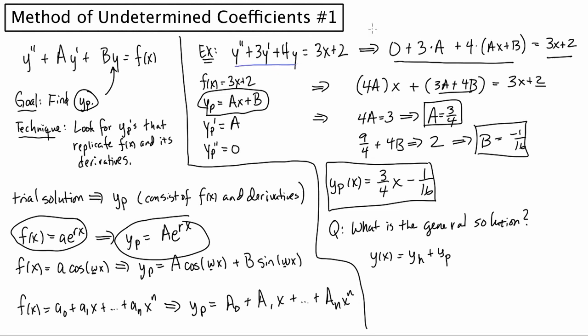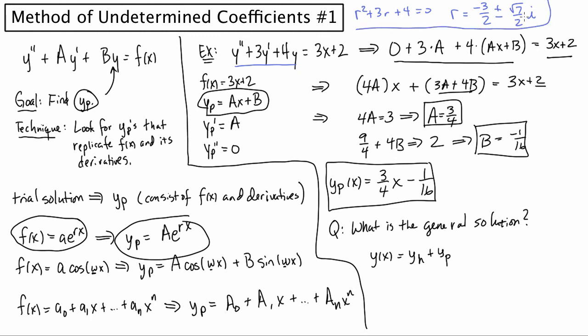So if this is my differential equation, the characteristic equation is given by this, and this does not factor nicely. It turns out that the roots for this are equal to -3/2 plus or minus the square root of 7/2 i. I encourage you to verify that for yourself.